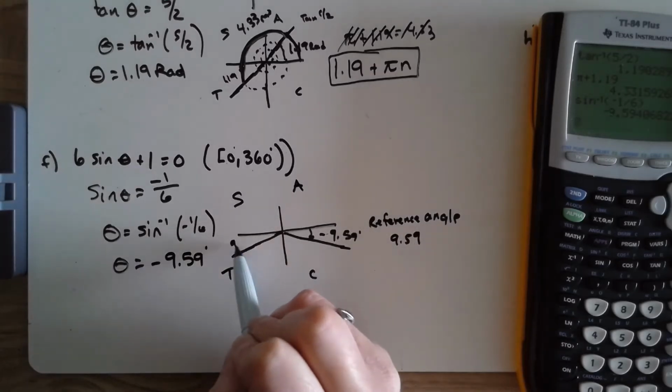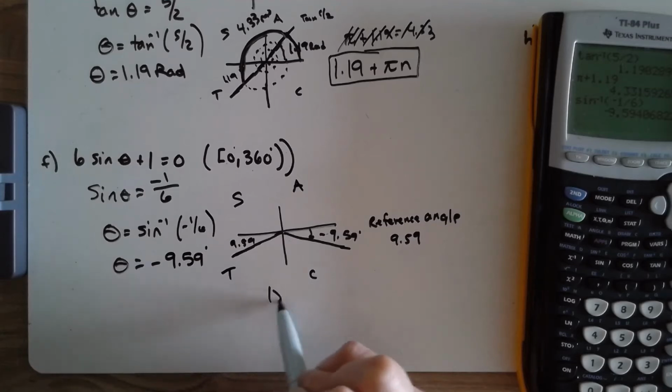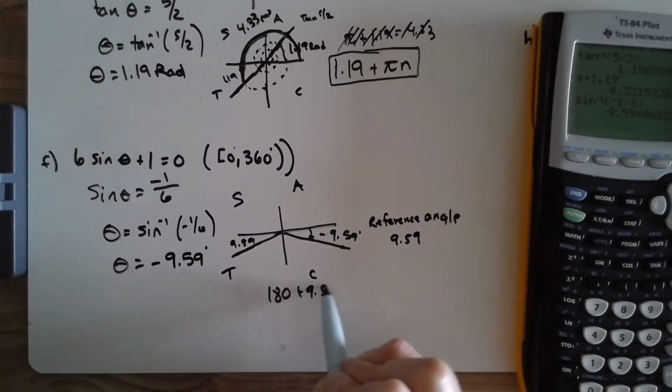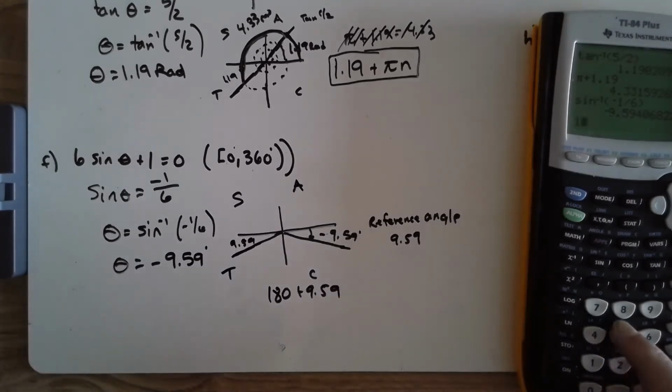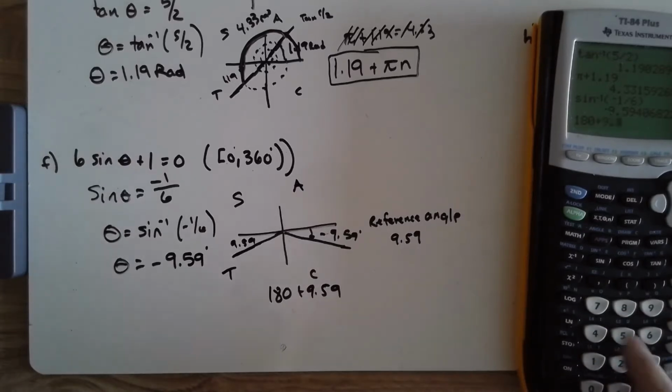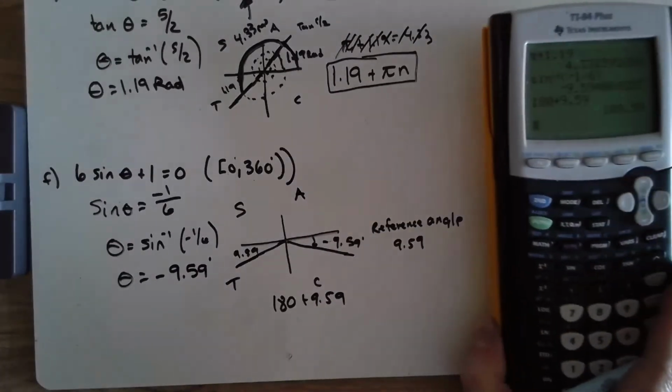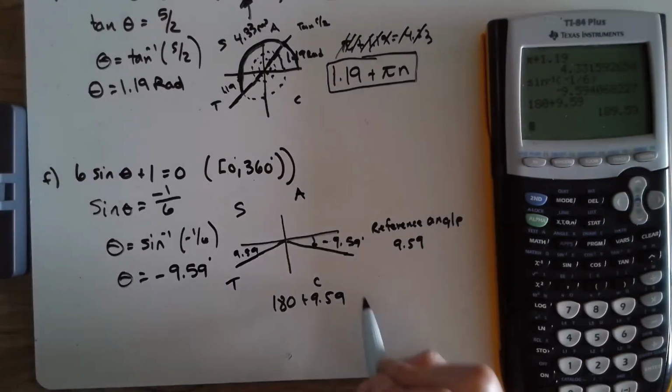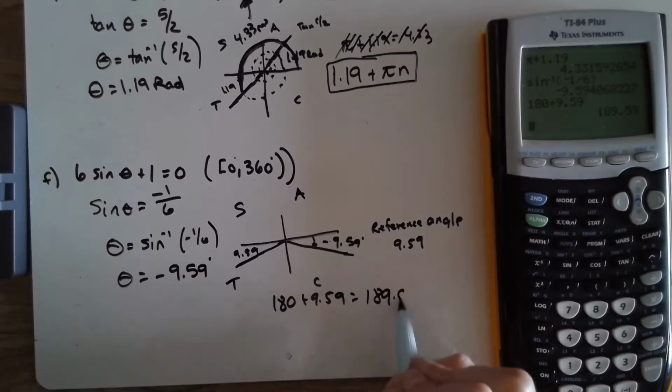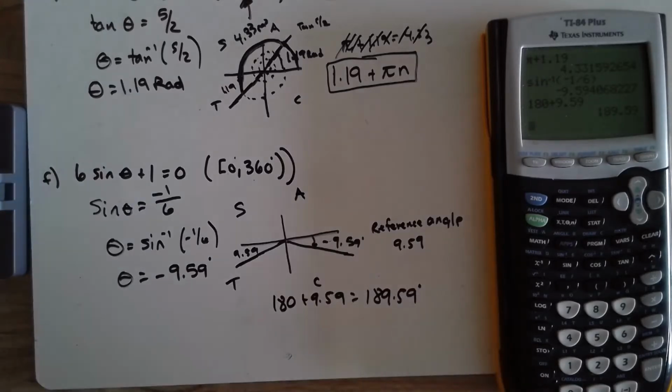So I could do 180 plus 9.59, and we're going to get 189.59. Okay, so let's look at that. That looks pretty good.